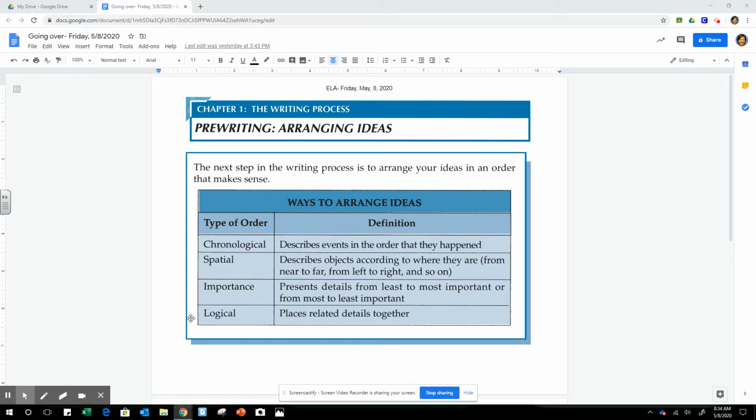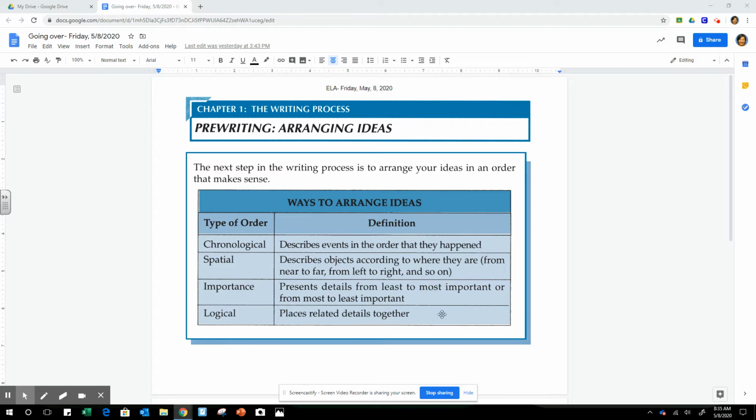Okay. And then we have logical. Logical, the type of order of logical places related details together. That means, when you're using the logical order to arrange your ideas, you're using categories or you're using topics that are already broken down into smaller subsections to make sure that every detail is included and it's organized to where your readers are understanding what you're trying to write about, the bigger picture of your topic.